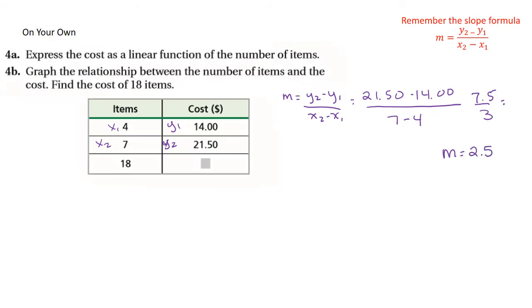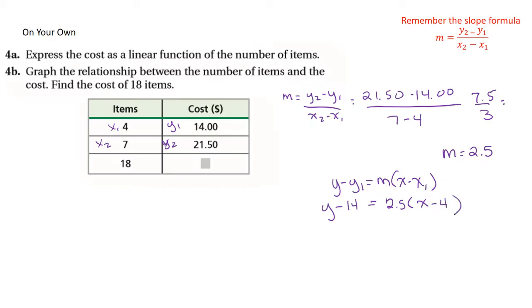All right, so now we need the equation for this problem. We can write this into the point-slope formula, which is y minus y1 equals m times x minus x1. So let's fill it out. y minus 14, using y1 is 14, equals m, which is 2.5, times x minus 4.